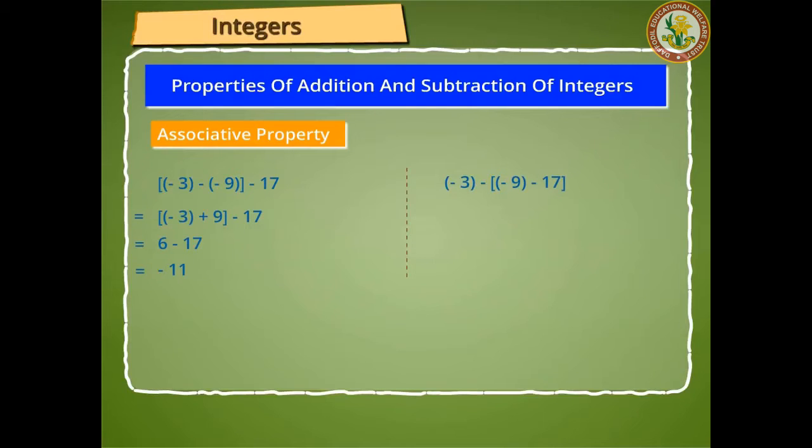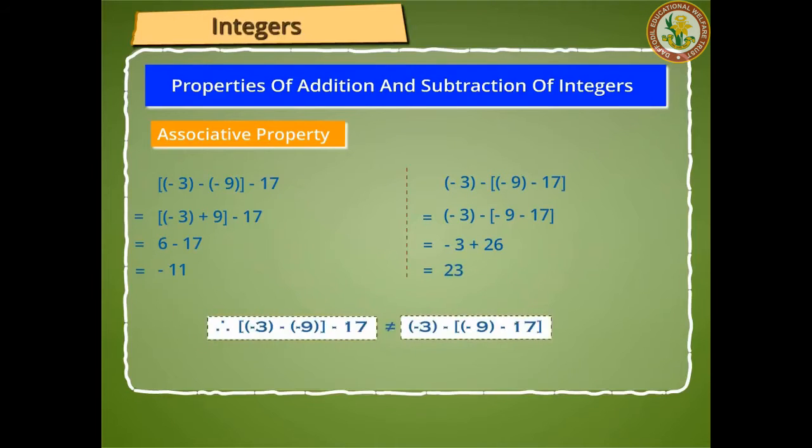Therefore, the two groupings give different results. Thus, subtraction is not associative for integers.